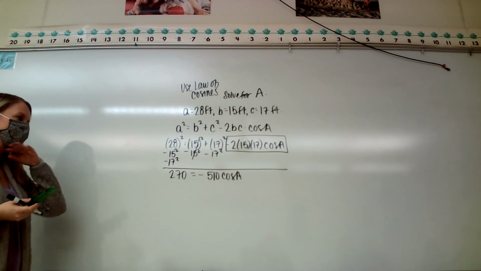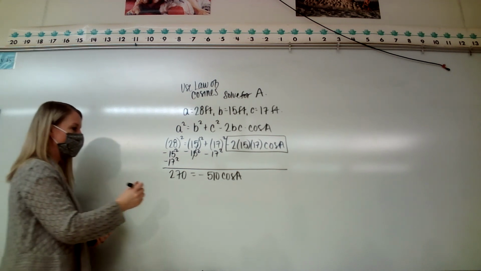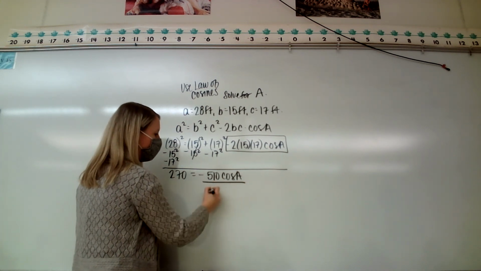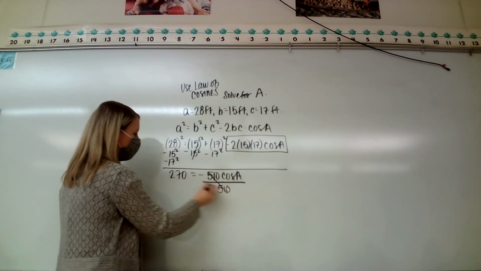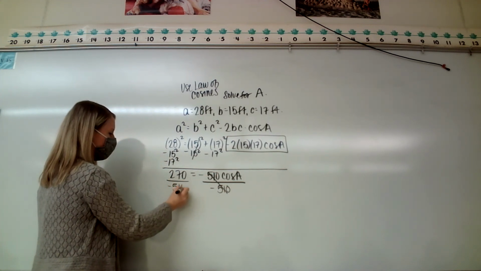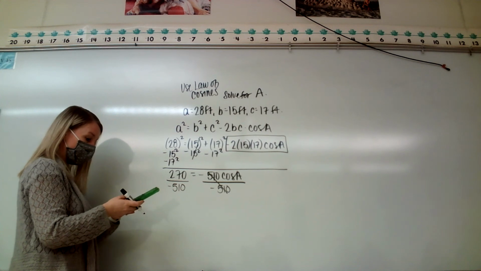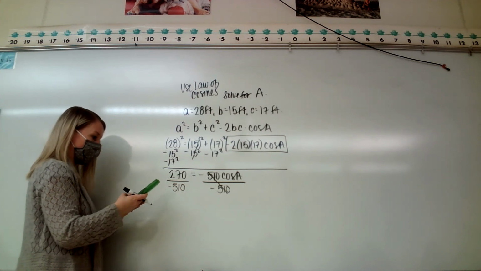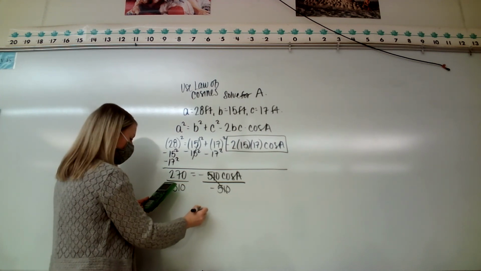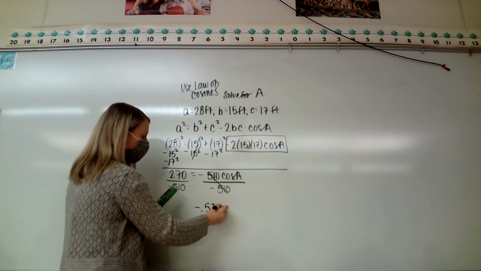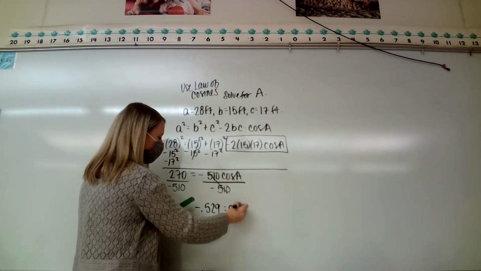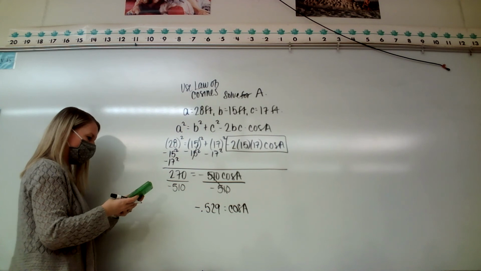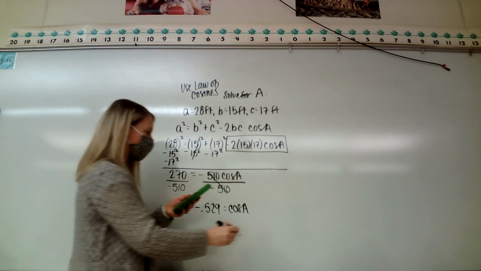Just doing that made it a lot easier to deal with. We're going to divide by negative 510. We're going to get a decimal. That pretty much is going to happen every time. Negative 0.529. Don't get freaked out if it's negative, perfectly fine.